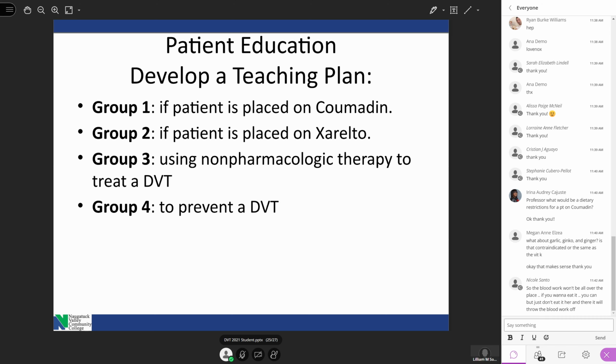Professor, I had a patient who was on Coumadin and he was trying to lose weight. So he was eating a lot of fish and a lot of green vegetables, and it ended up throwing off his PT/INR values. His provider just told him that he needs to reduce the greens and the fish.